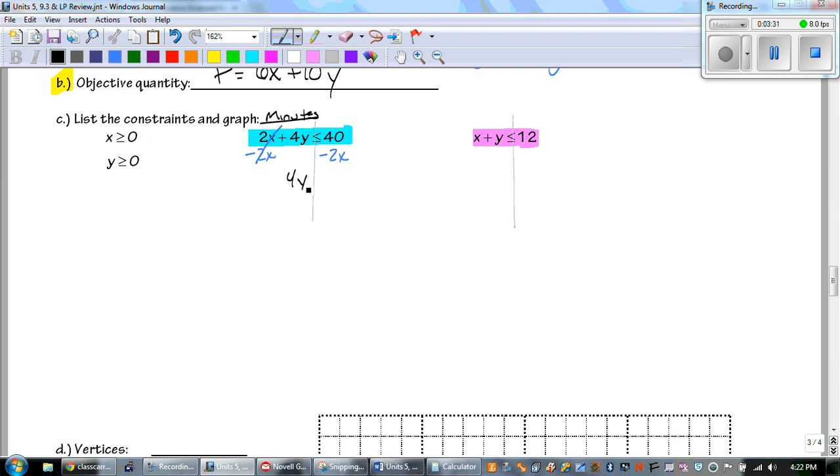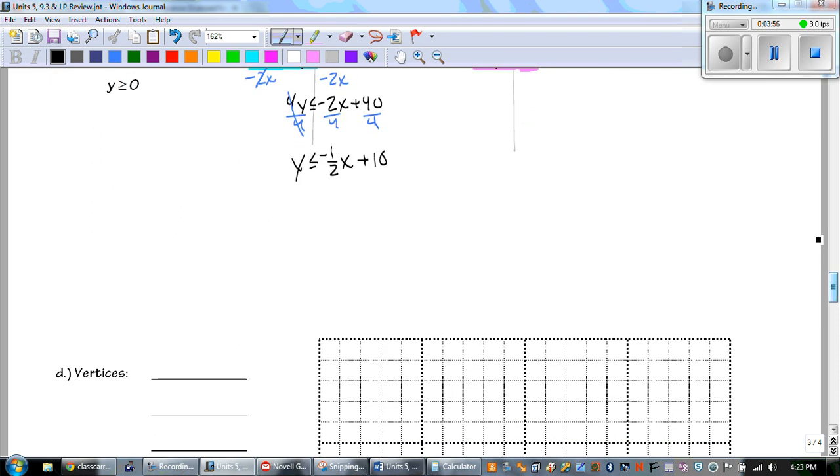We get 4y is less than or equal to negative 2x plus 40. And then the last step would be to divide by 4, because we want that y by itself. Reduce your fraction, we get negative 1/2 x, and 40 divided by 4 is a positive 10.